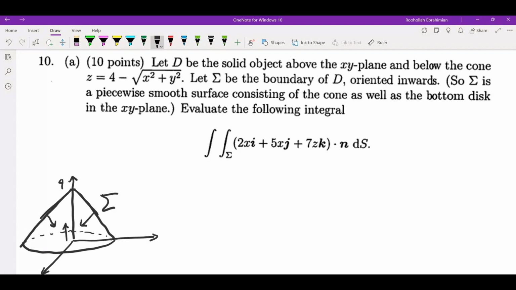Evaluate the following integral. Okay, so because it's a closed surface, we will use the divergence theorem.